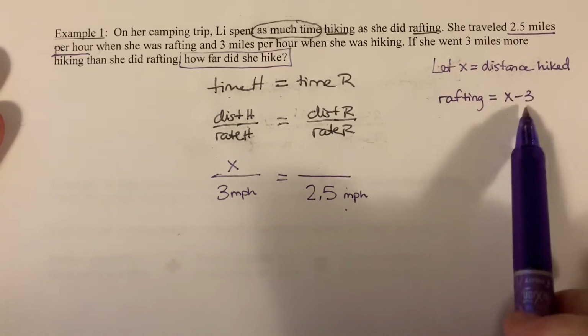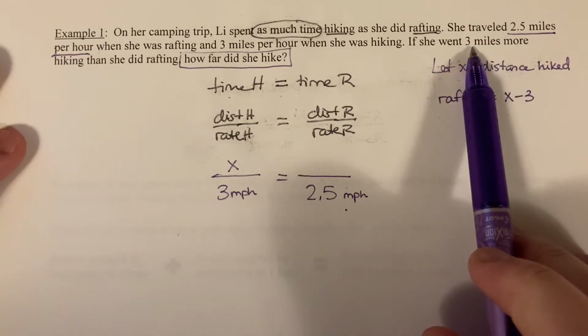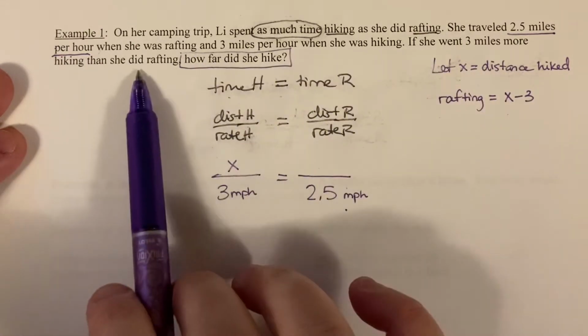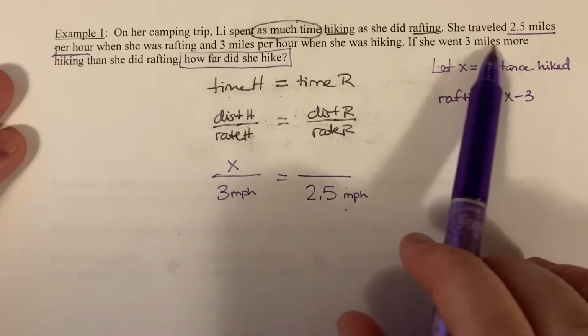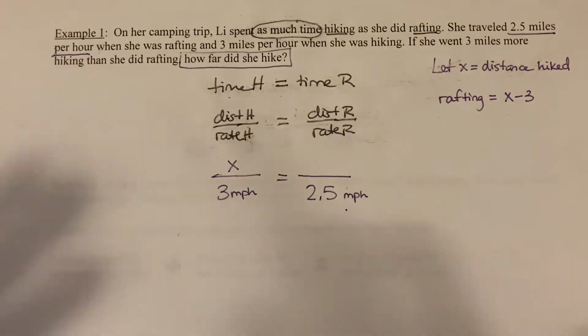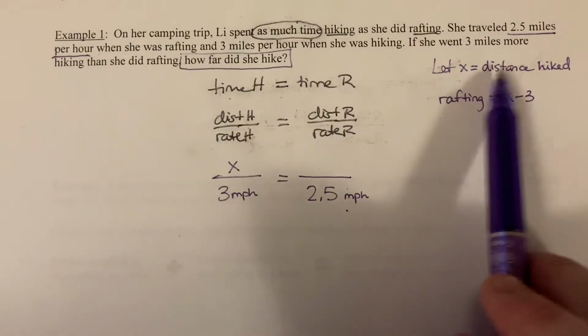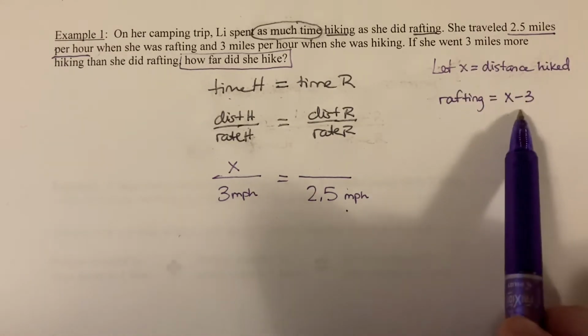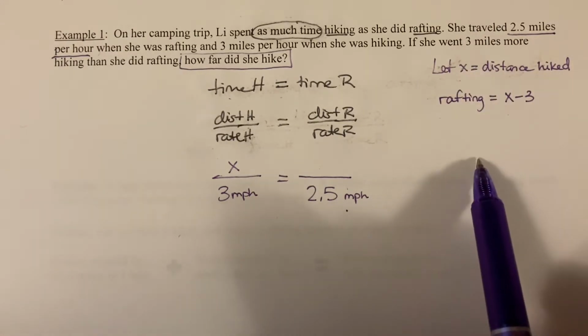So for example, if she went 10 miles hiking, then that would be 7 miles rafting because she went more hiking than rafting. Now, the other way to do this is to let x be the rafting and then to subtract 3 this way. It's up to you, doesn't really matter.